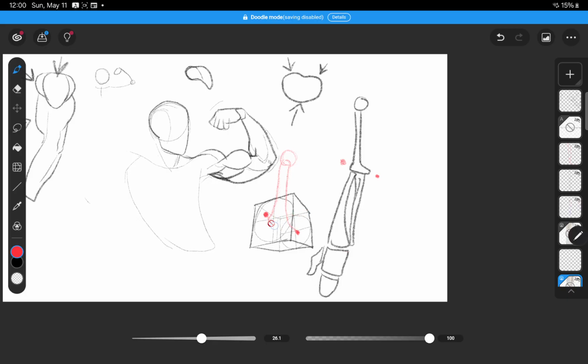Right, so oh, this would be a right arm now. Yes, this would be a right arm. Whoa, what is this lag? What is this lag? Is it because I'm charging? Okay. But yes, you get the point, hopefully.